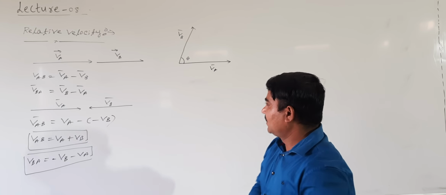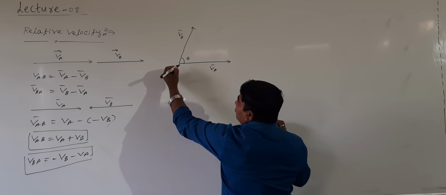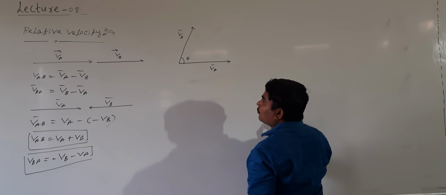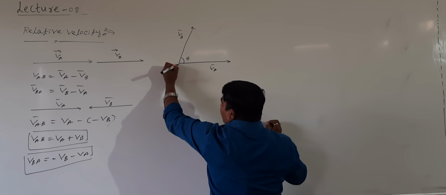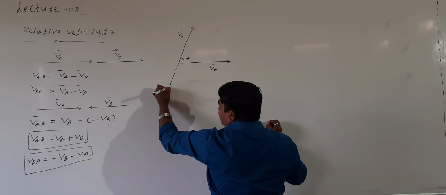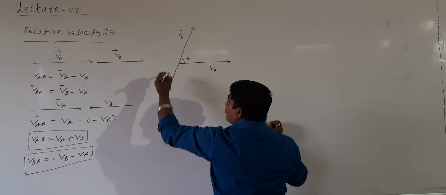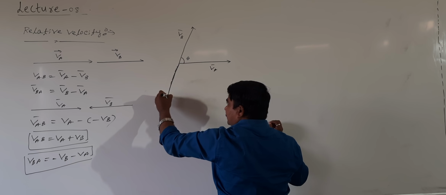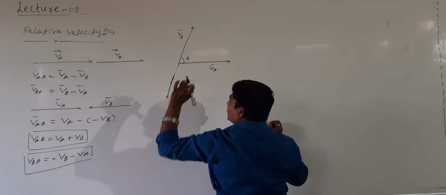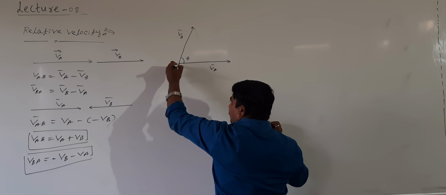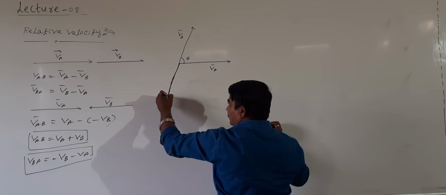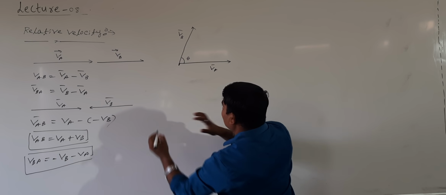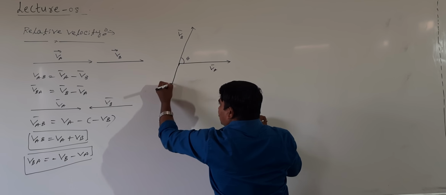See here. Look at me. Now this VB I want to produce in the backward direction. The vector B I want to produce in the backward direction. Are you following this? The vector B goes in the reverse direction like this. The velocity of vector B goes in the reverse direction.